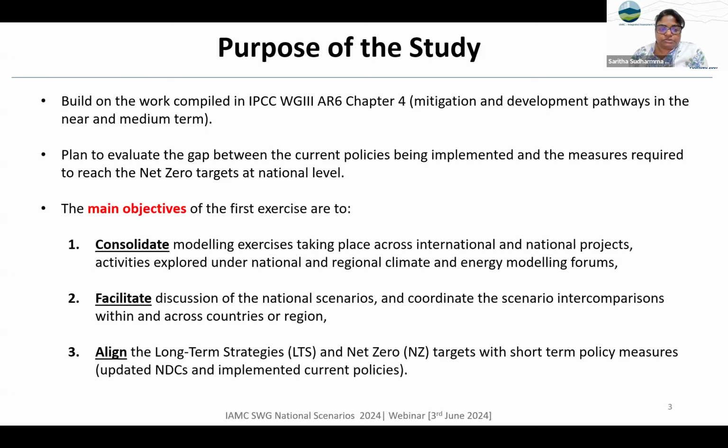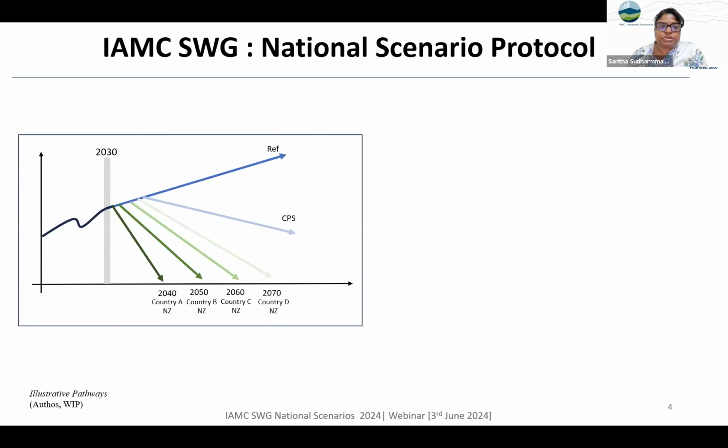The main objectives of this first exercise under the SWG is to consolidate all the modeling exercises that are taking place across the world under national international projects. We are facilitating the discussion on national scenarios and coordinating the scenario intermodal comparisons at national level. And we are aiming to align the long-term strategies and net zero targets with the short-term policy measures.